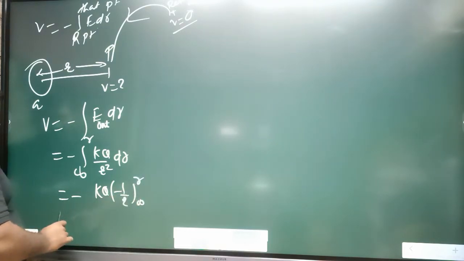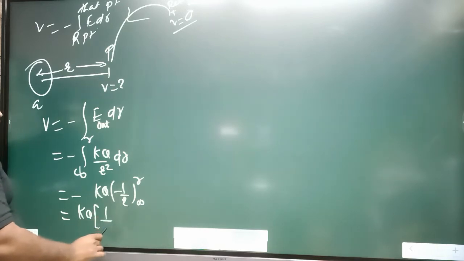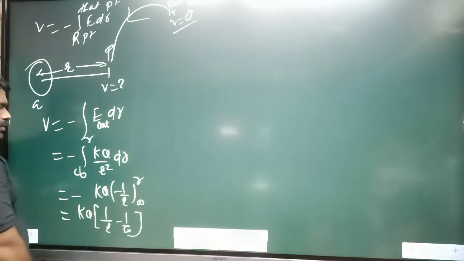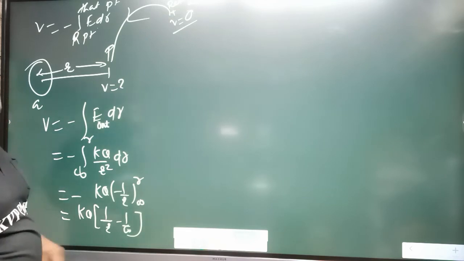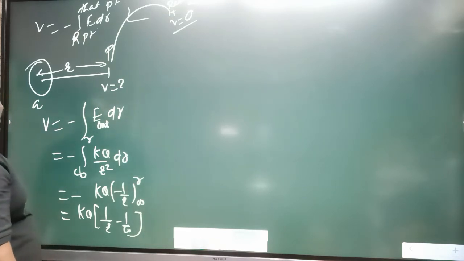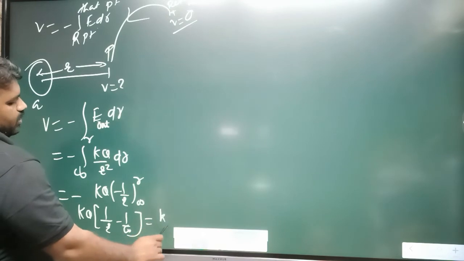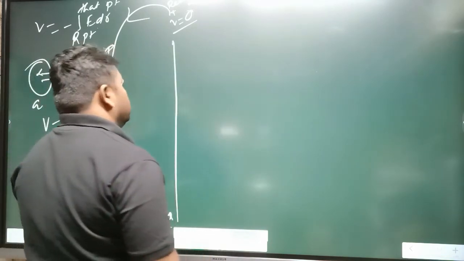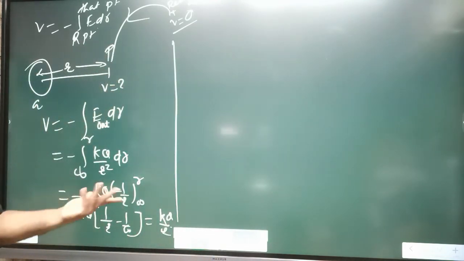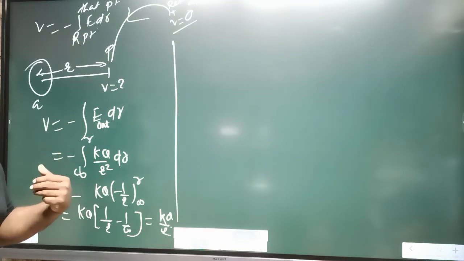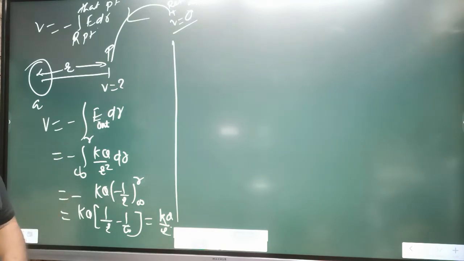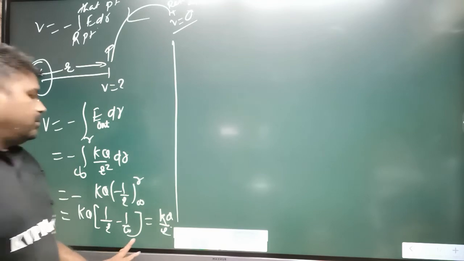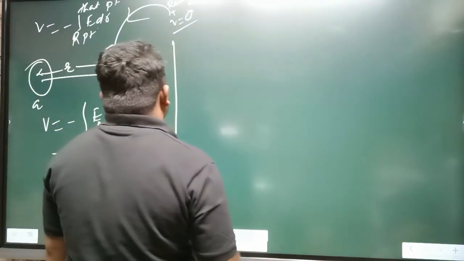Minus becomes plus: KQ into 1 upon R minus 1 upon infinity, so positive KQ by R. Here potential is variable. R is changing, potential also changes. Here potential is not constant.